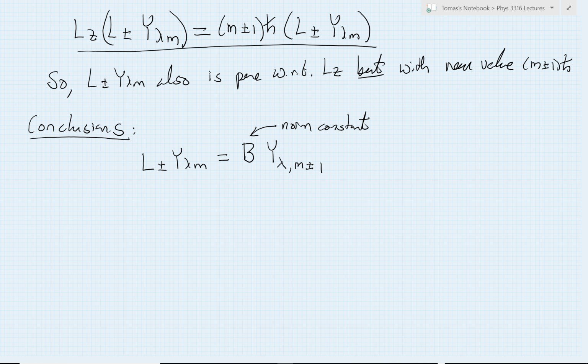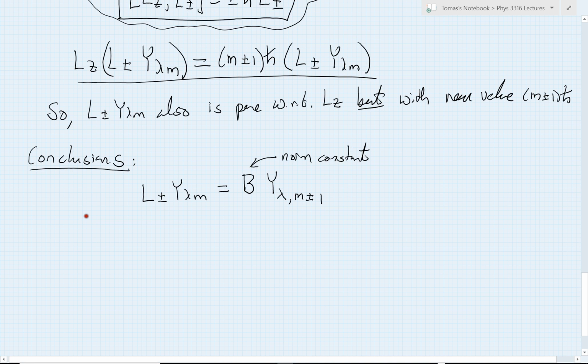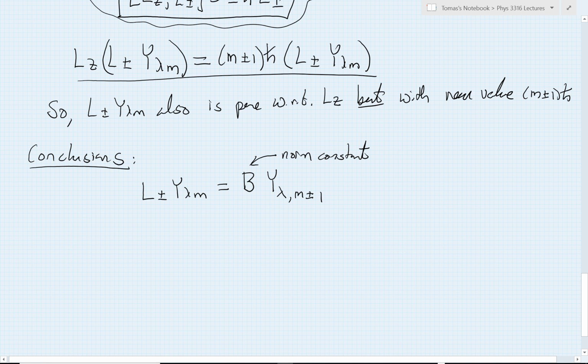Now, the second point has to do with the limitations on this, because you may also recall that there are bounds on M, right? M, its absolute value, has to be less than or equal to lambda. Now, we don't know if M actually could ever reach or equal lambda, but its absolute value is bounded by lambda because M is the z component of the angular momentum, which in magnitude has to be less than the total magnitude of the angular momentum.